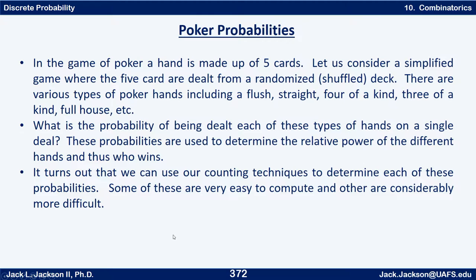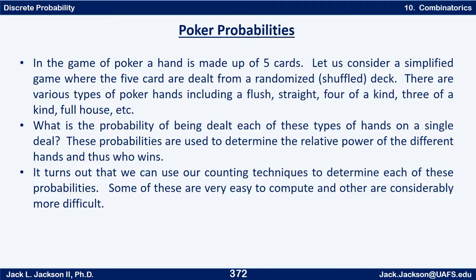So the basic setup in a game of poker, a basic hand is made up of 5 cards. We're going to consider the simplified game of poker where you just shuffle up the deck, completely randomize it, and deal out 5 cards, and that's it. There are various types of poker hands, including a straight, a flush, 4 of a kind, 3 of a kind, full house, and so forth.